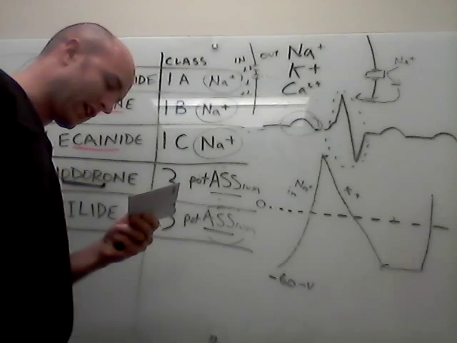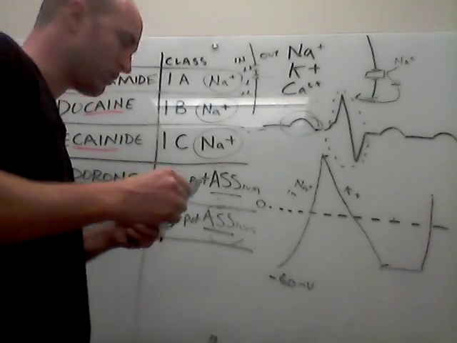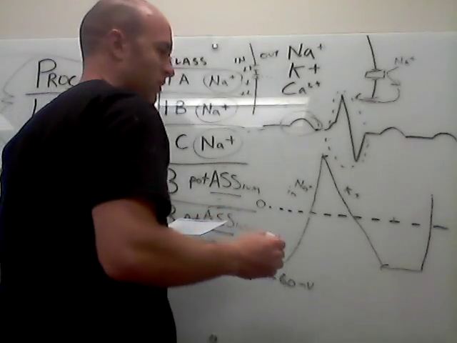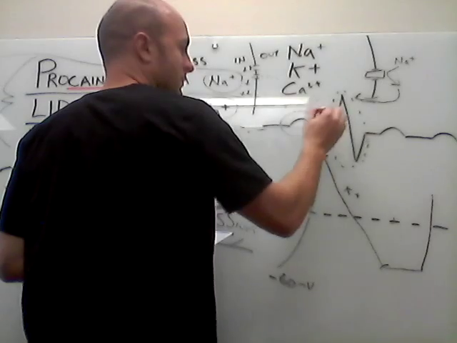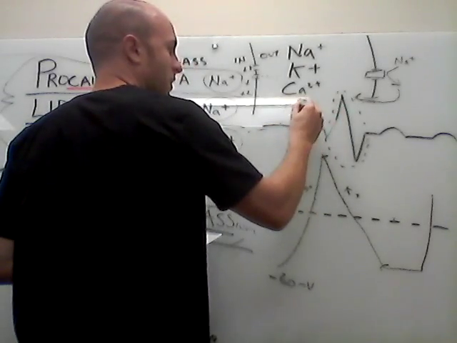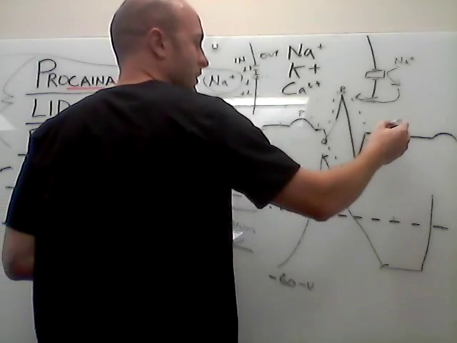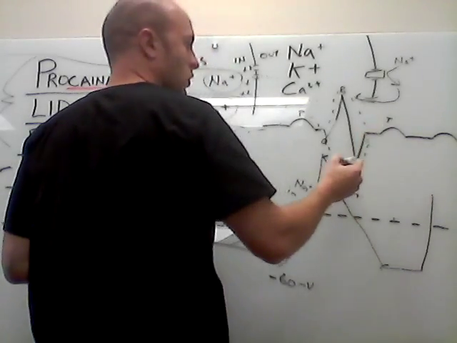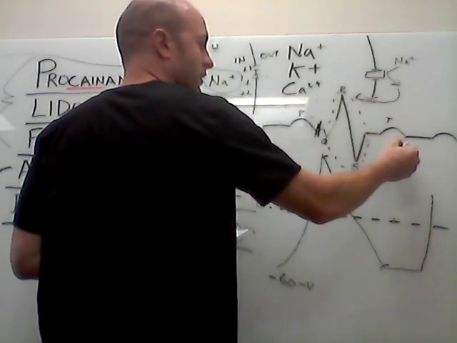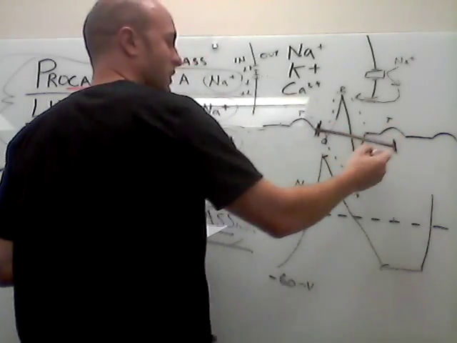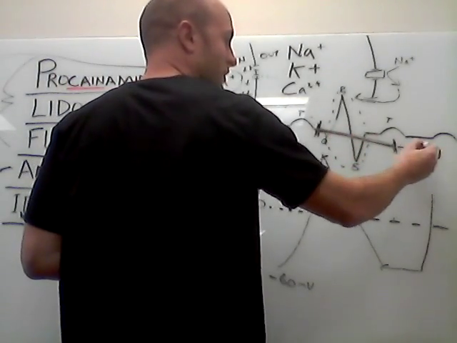Also, apparently one of the side effects here is that it increases the QT interval. So what's the QT interval? Going back here, we have the P wave, Q, R, S, and now the T. So it prolongs the space from here to here, which makes sense because you've blocked this, so this is going to go whoop, out to there.